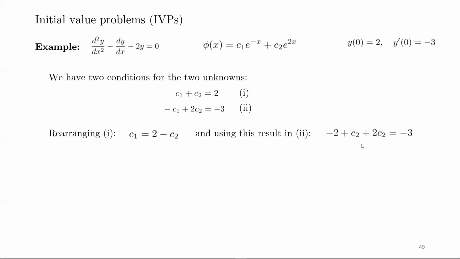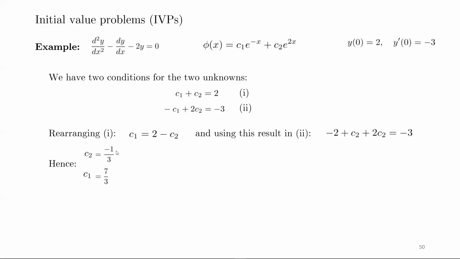So here's my 2 minus C2 plus the other 2C2 equals negative 3. Quite simply, I can solve this for C2 now. If I subtract 2 from both sides, I get C2 equals negative 3 minus 2, so 3C2 equals negative 1, so C2 is negative 1 over 3. I can also show C1 is equal to 7 over 3, because C1 is just 2 minus C2.